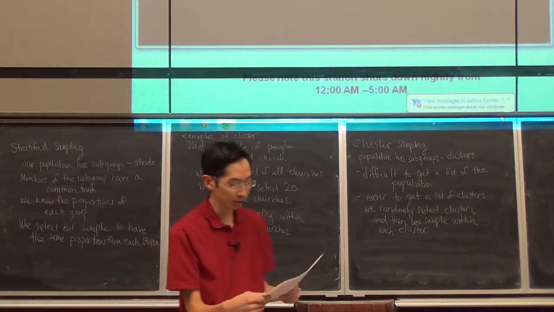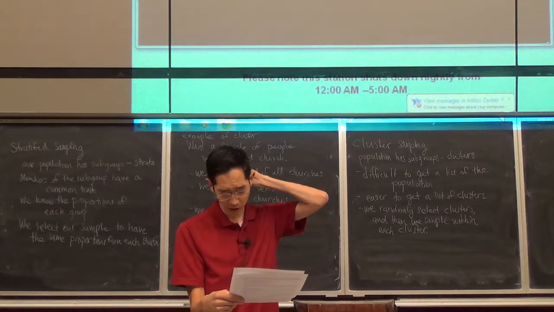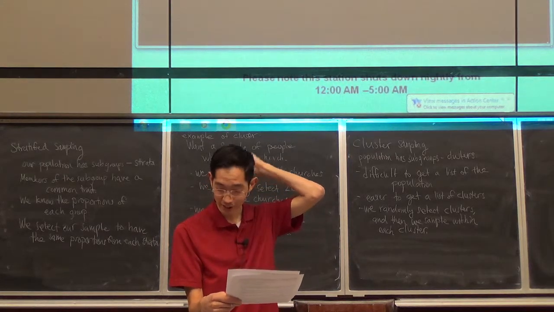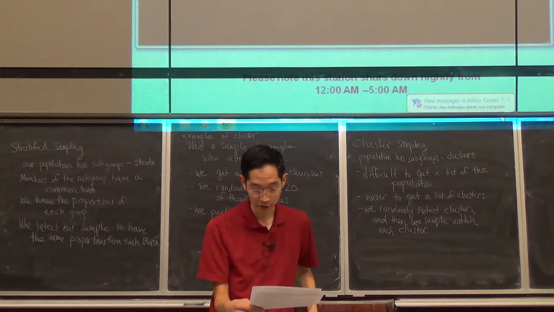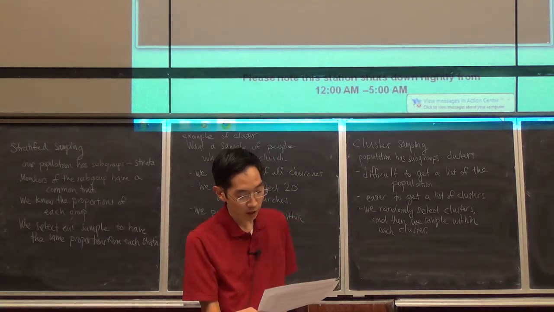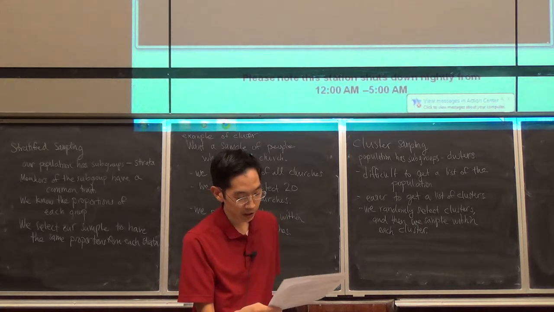Okay, I'm going to read number 51. Again, don't shout out your answer. Listen carefully and try to determine what kind of sampling method this is. 51. A company wants to survey its employees.